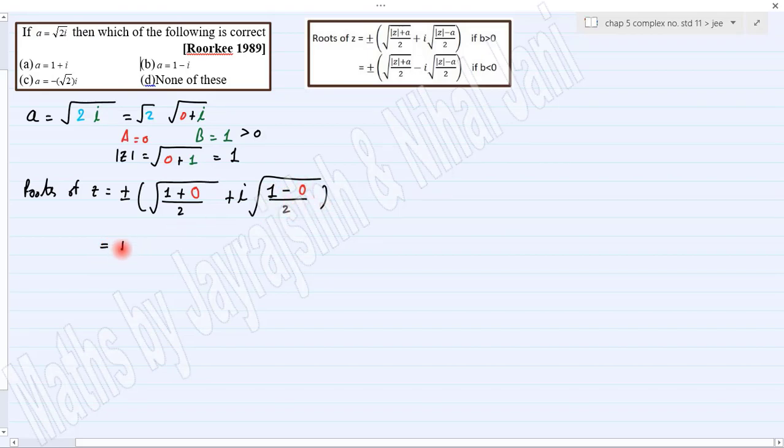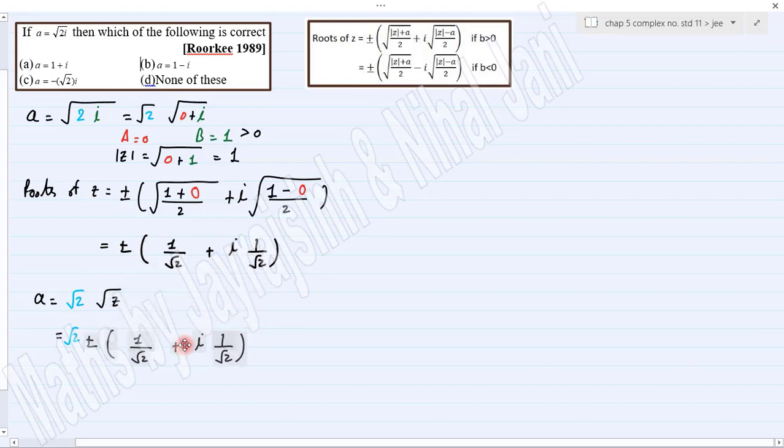So here we'll get plus or minus 1 by root 2 plus i times 1 by root 2. But we need a, which is actually root 2 into root of our complex number z. And we already found the root of our complex number, which is plus or minus 1 upon root 2 plus i by root 2.